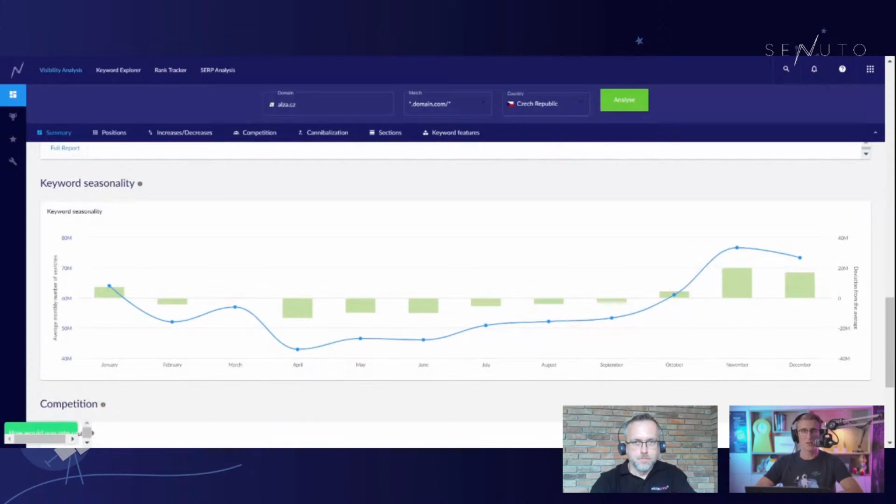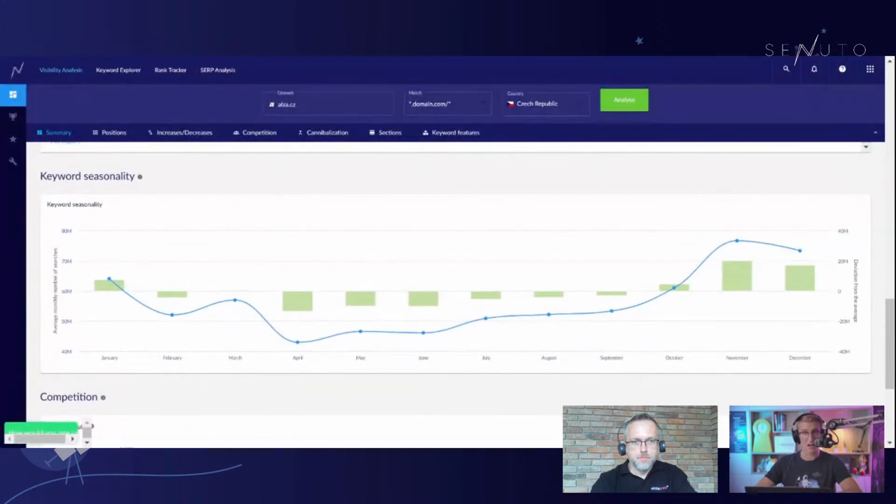So not only the number of keywords, not only the visibility, not only what kind of keywords our users are typing into the browser, but also that our business has some kind of seasonality. And here we can check for ALZA what the season is for them, and not only how they are reacting to the season, but regarding the steps that you see in green, what is the deviation regarding our business. So this is regarding seasonality.